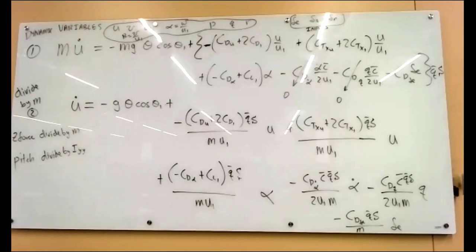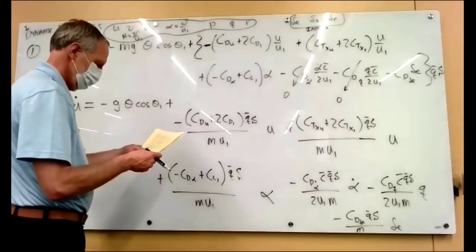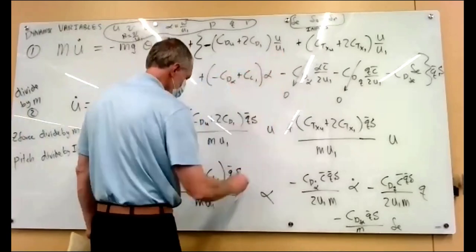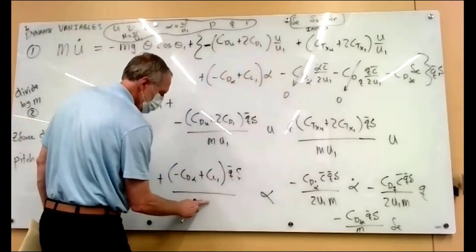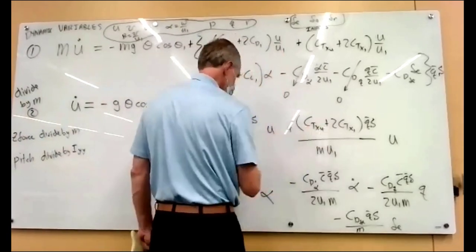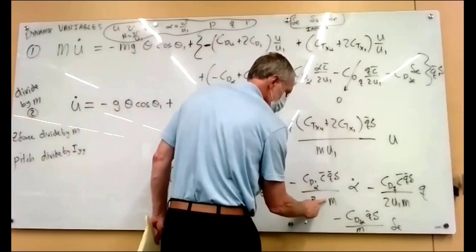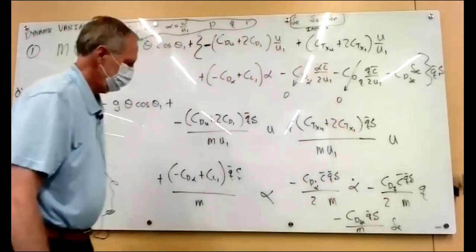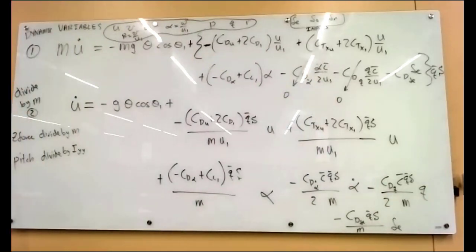There's supposed to be a U1 with a C_D alpha plus C_L1 term. Boo, no. How did I throw that in there? I just got caught up in the dividing by U1, didn't I? Thank you. It's there, it's not here, and it's not here. So I was doing unintelligent pattern recognition.